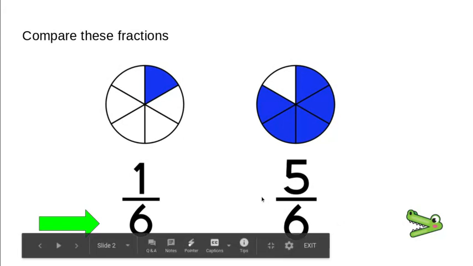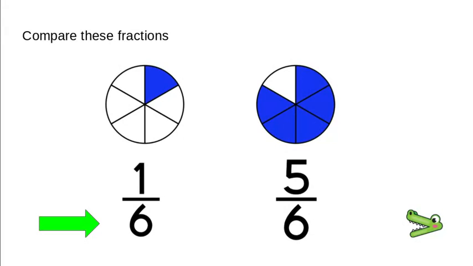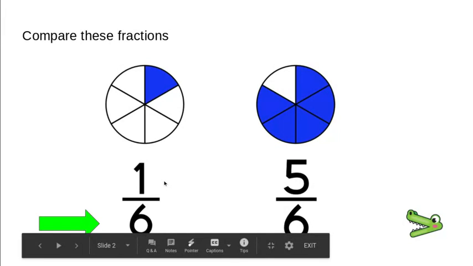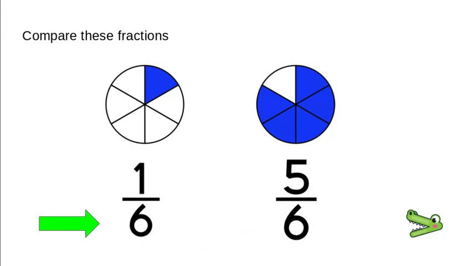So if this first pie has 6 pieces and this pie has 6 pieces, that means their one piece is the same size, right? So really, all we have to do is look up at the numerator, because if the pieces are the same size, then we have to see how many pieces did someone have. So here, if someone had 1 piece out of 6 and someone had 5 pieces out of 6, which one's greater?